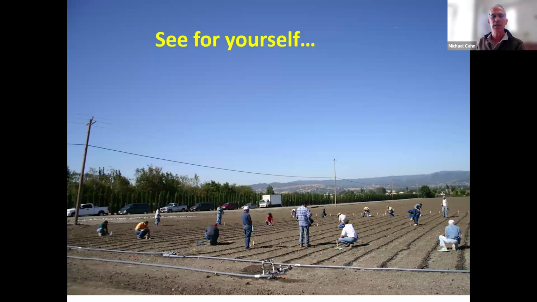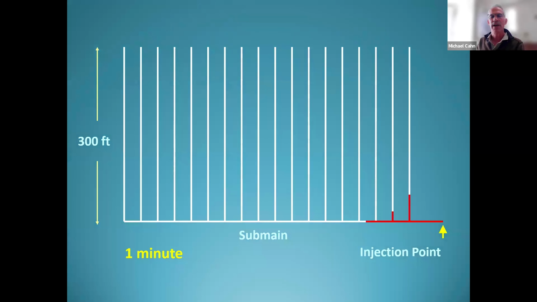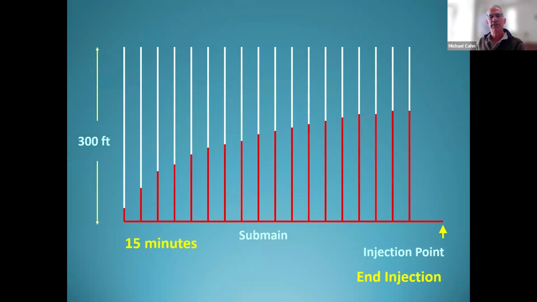But this is just sort of a graphic of how it would go. So we'd inject at this point, and just imagine we're injecting some red food dye into the water. So this is at 0 minutes. 1 minute after it starts distributing. Here's at 15 minutes.